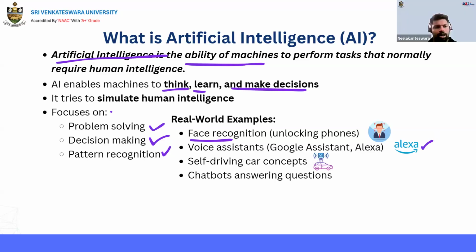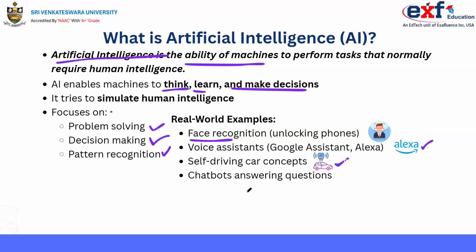Think about how we humans think when driving: based on the surroundings, we decide whether to take a right or left, go straight, or stop. Same like that, the machines can take a decision, and according to that, they can take an action and move. The same concept is used in self-driving cars with AI.